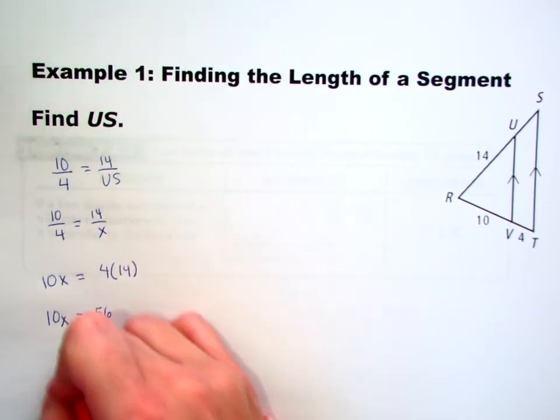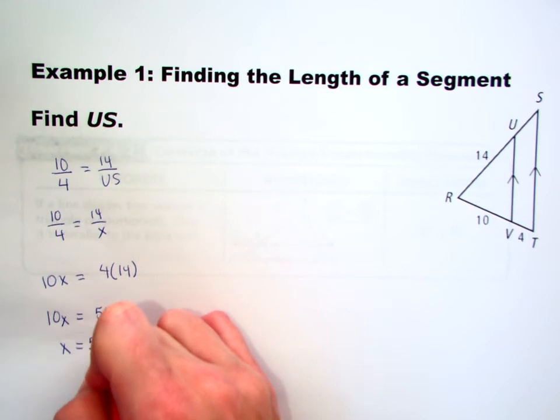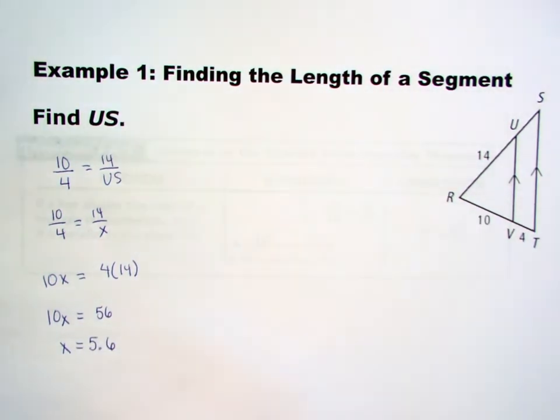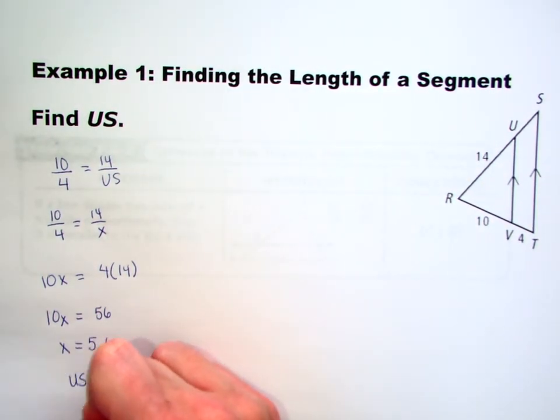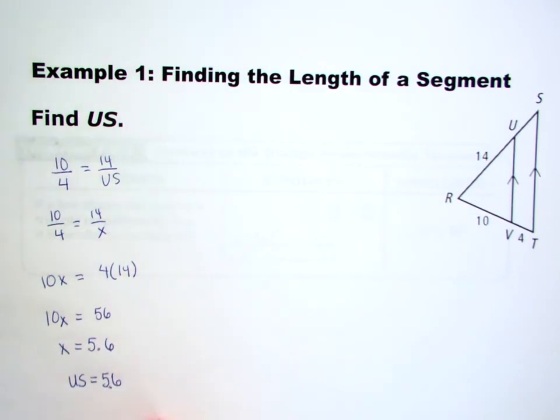We divide both sides by 10, and x is going to equal 5.6. So the length of this particular side, US, is going to be 5.6. Let's go ahead and do this so that we can establish that we have the answer to the question.